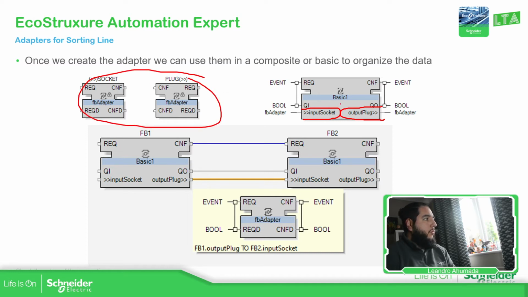So imagine that you want to link this one to another one. I have created a basic one and a basic one, but function block one the instance and function block two the instance.